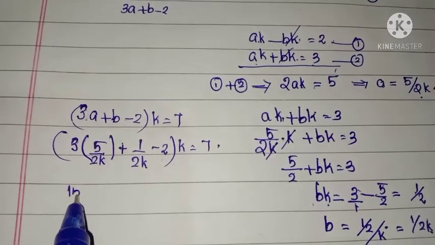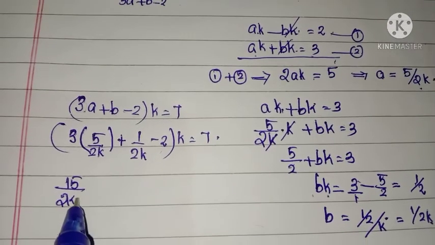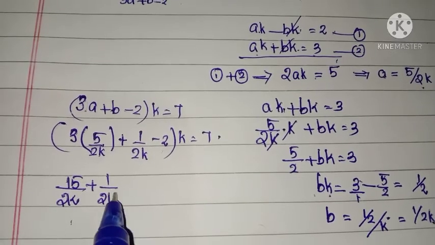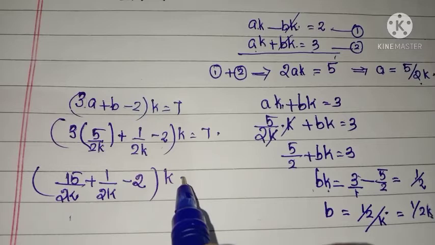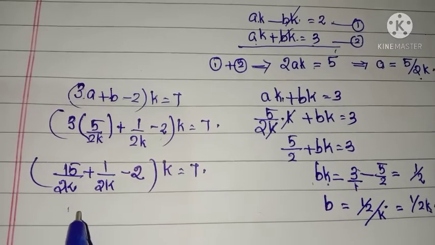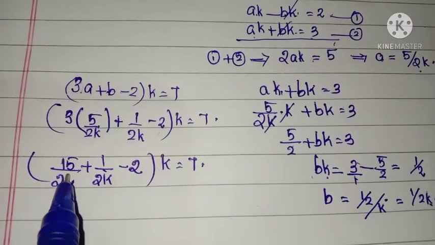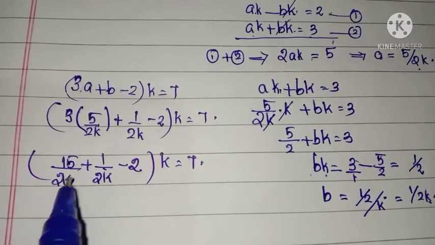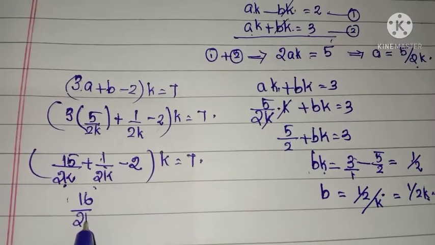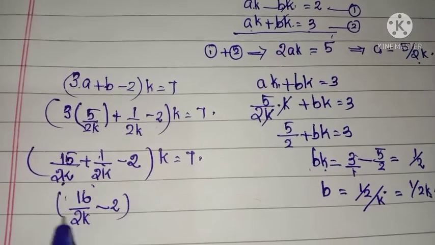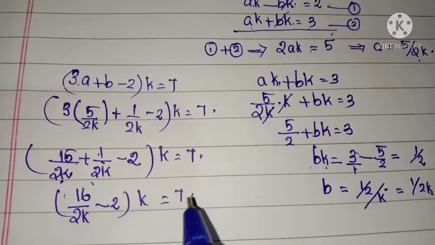So this becomes 15 by 2k plus 1 by 2k minus 2, into k is equal to 7. Now this can be written as 15 by 2k plus 1 by 2k is 16 by 2k, minus 2, into k is equal to 7.